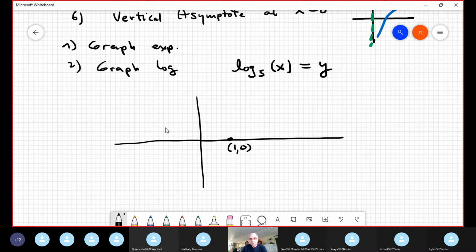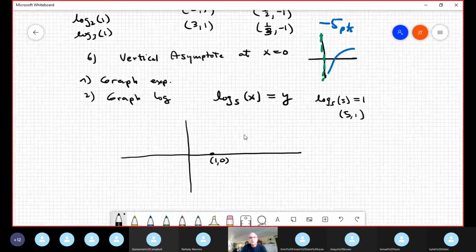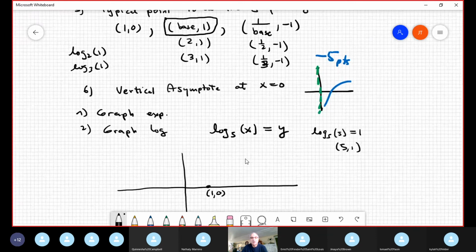Another point is the logarithm of the same number, base 5 of 5, is 1. That point is (5,1), a typical point. The formula is (base, 1).